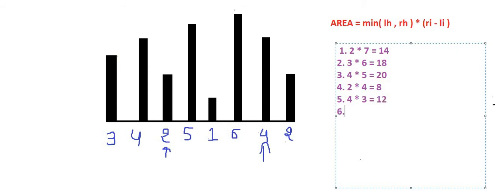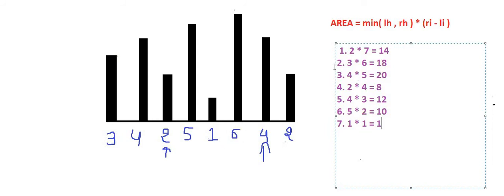In the sixth case, the minimum of 5 and 6 is 5, and the distance between them is 2, so it will be 10. And in the last case, the minimum of 1 and 6 is 1, and the distance between them is 1, so it will be 1. Then we will increment our left pointer, which is at 1, and it will come to 6, so our width becomes 0, so the area is also 0.